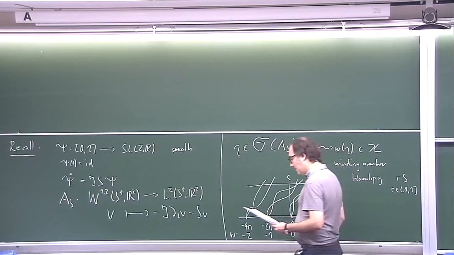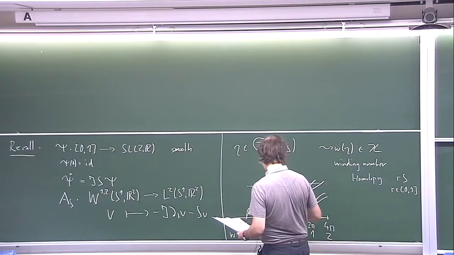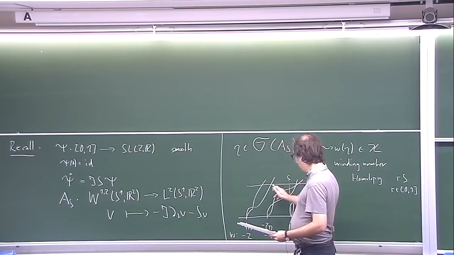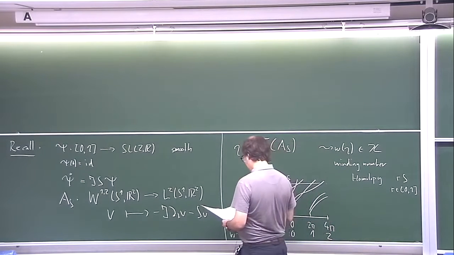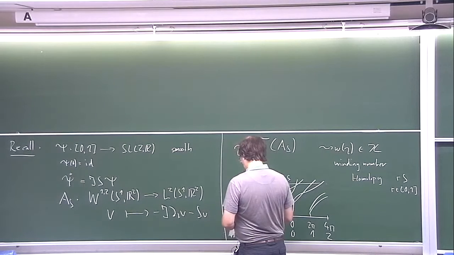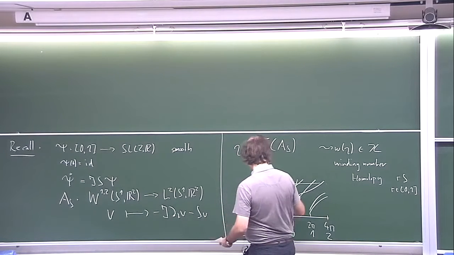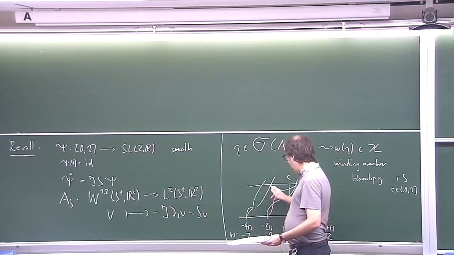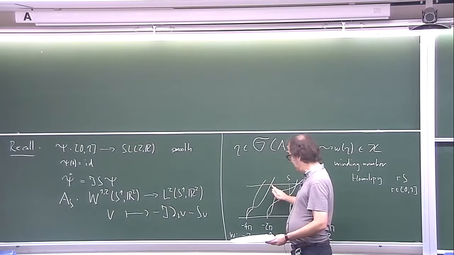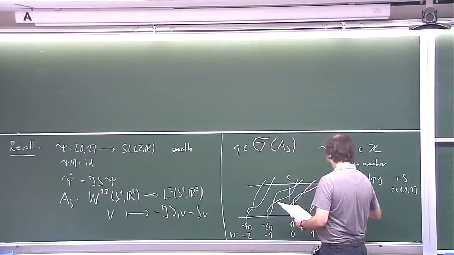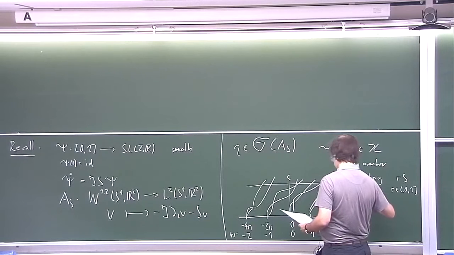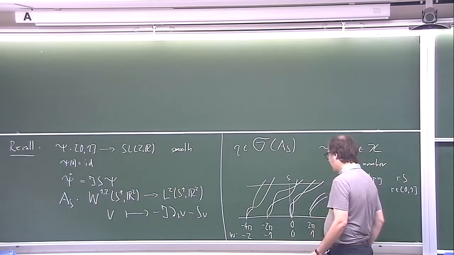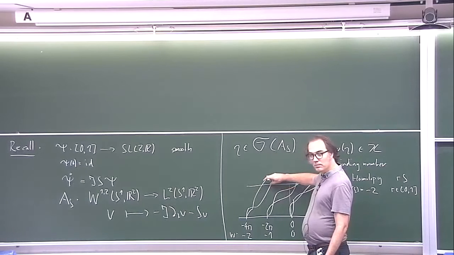And then in this situation we define α(S). This is the biggest winding number for a negative eigenvalue. So in this case, α(S) is −2. And then because there are two siblings, there is a parity.